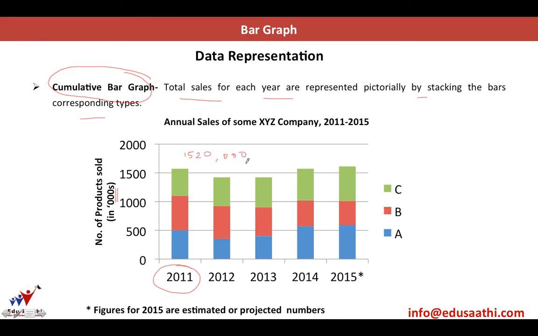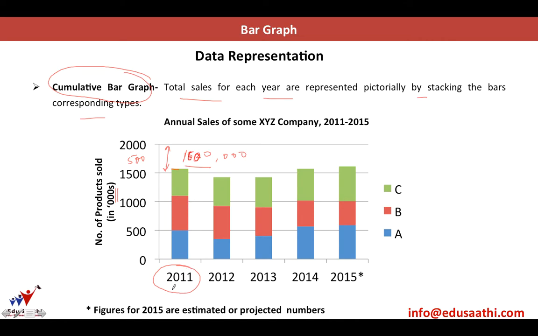Or you can take this as 1600,000 products, because if you look at this space here, this space represents a 500,000 product gap. So this is about 1/5 of this height, so I can take simply 1600,000 products.